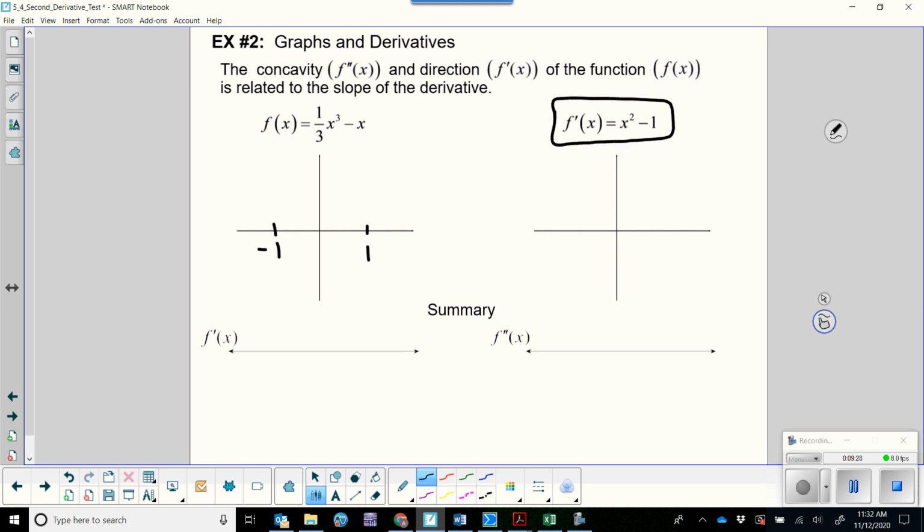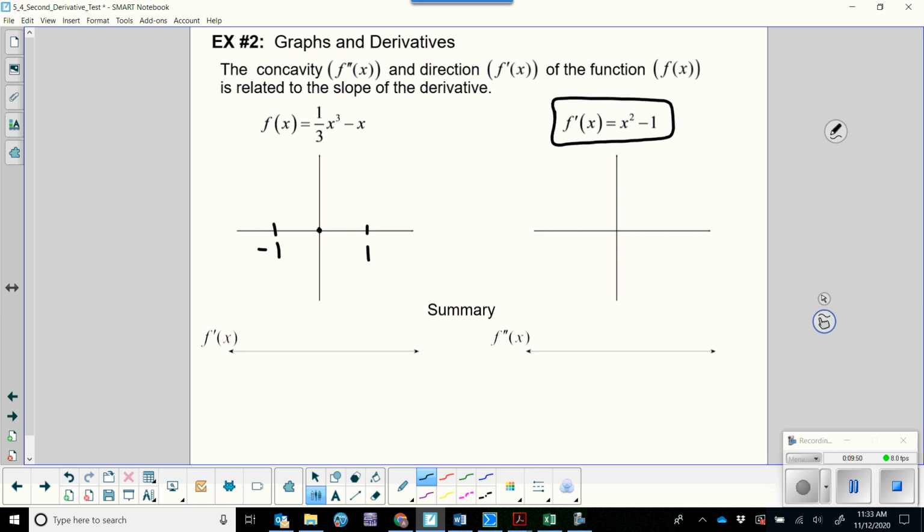So that means 1 and -1 would have max and min points. And then we know that if we plug 0 in for x, you're going to get 0 for this graph. It doesn't really matter what value we have here, but we do know that we're going to change from increasing to decreasing, and so on.